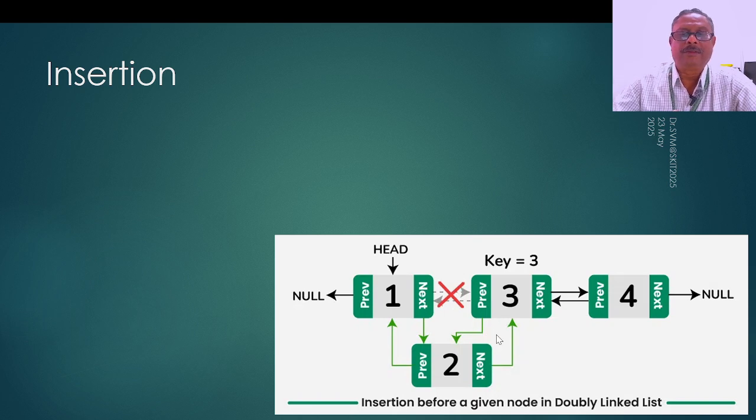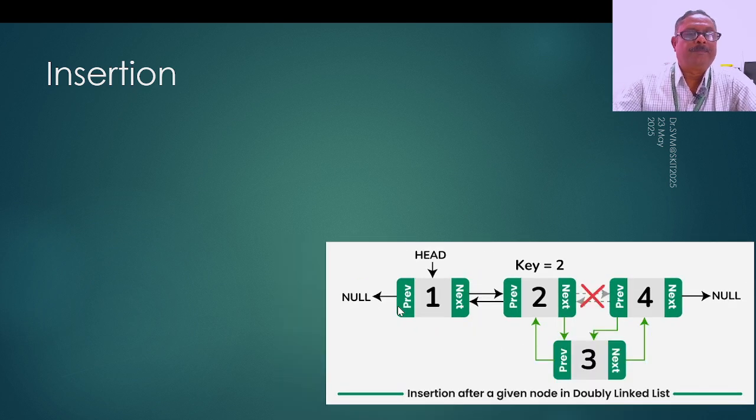So these two links are created. We have to go from here till here, and then create this link, and from here create this link to the new node, and from the new node back to the previous node. So how are we doing that? Let's check it.